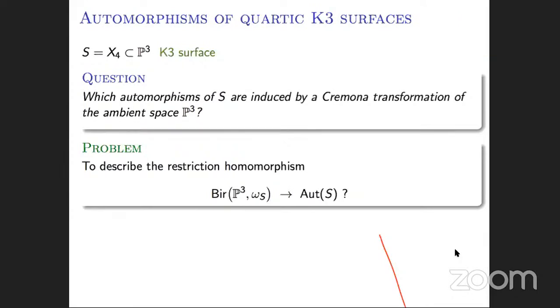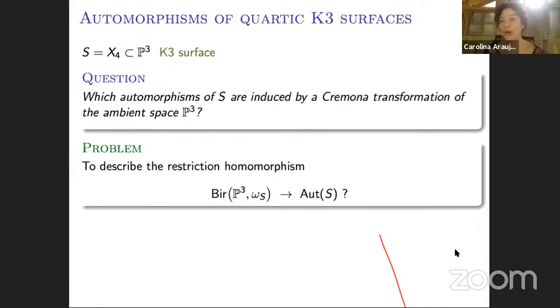Okay, so in general, what can you say? Is it surjective? Yes, so this is what I'm working on. There are examples where it is surjective, and there are examples where it's not surjective. Ogiso constructed this interesting example where the automorphism group is Z, but no automorphisms except the identity is induced.